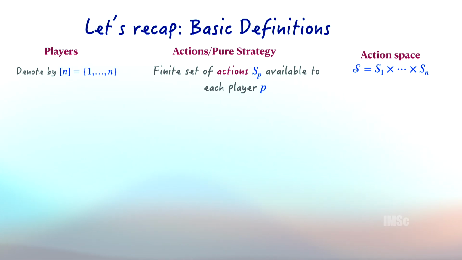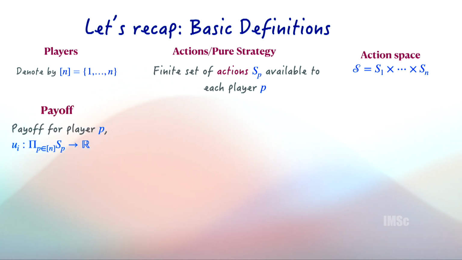Action space is again a direct product of the actions available to each individual player. Payoff, I had a very interesting conversation regarding what a payoff actually represents. So, payoff, sometimes utility function, these are the various names that are used.